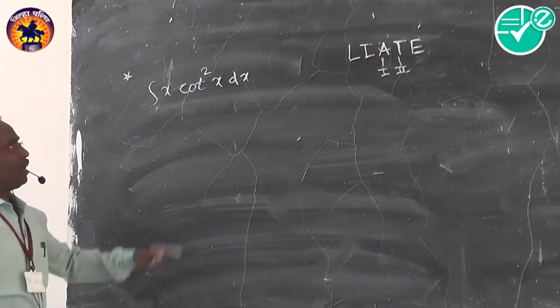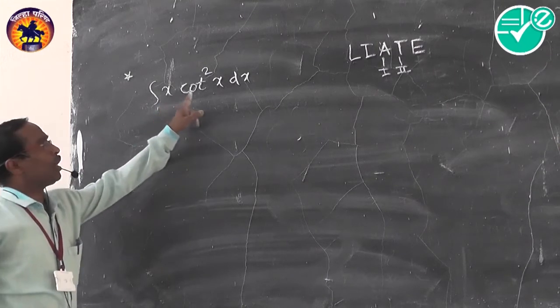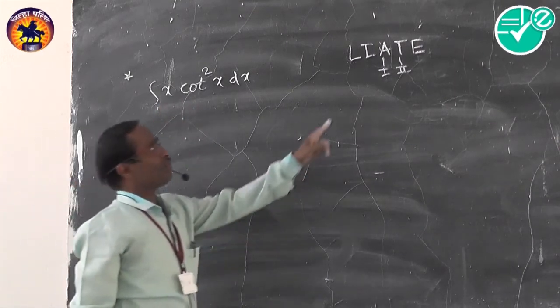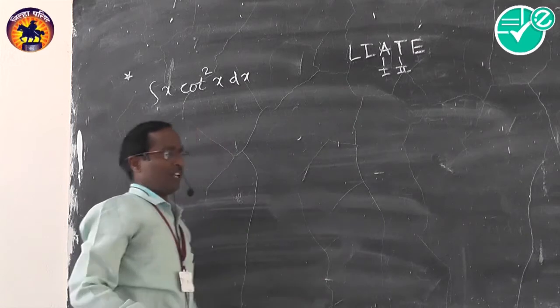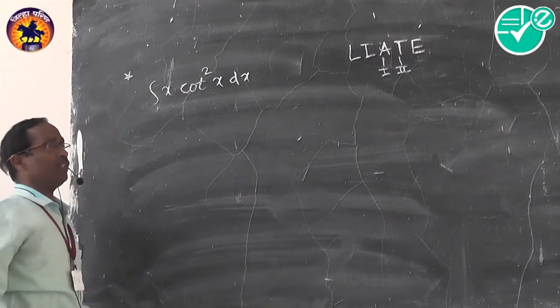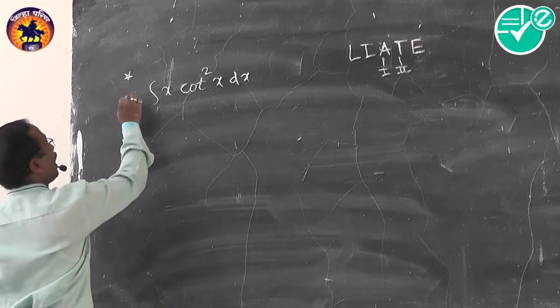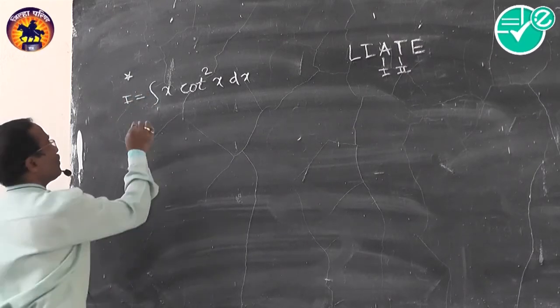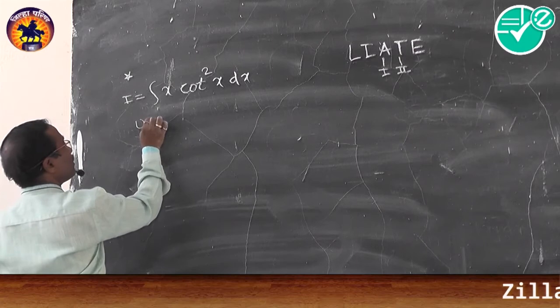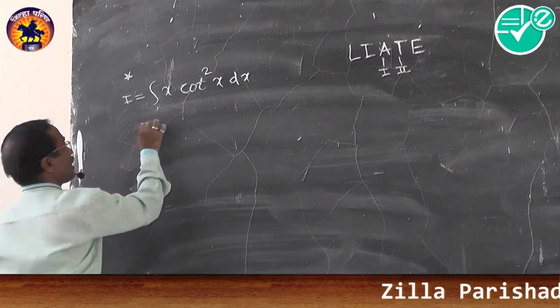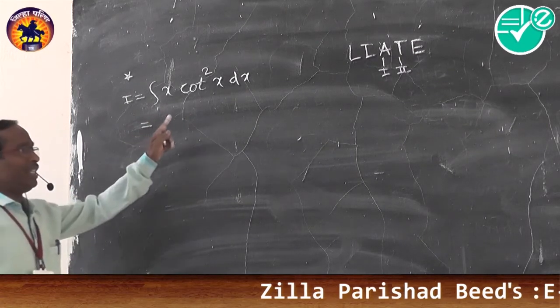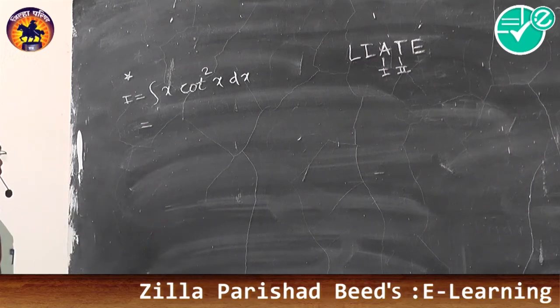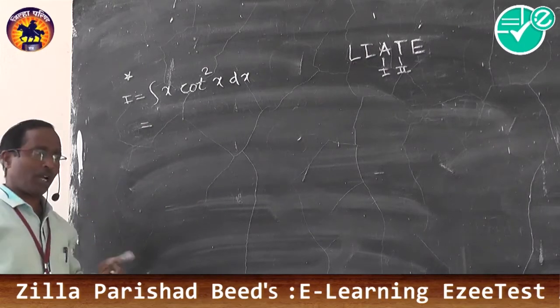Now x is the algebraic function and cot is the trigonometric function. First is the algebraic function and second is the trigonometric function. I is equal to this function. Now using integration by parts, but cot square x is not an integrable function. We cannot find the integration of cot square x.